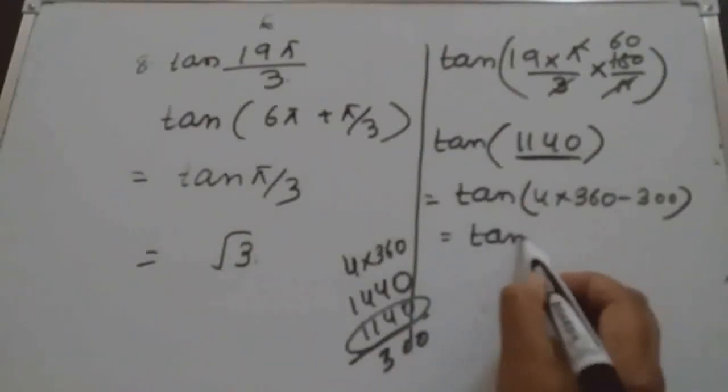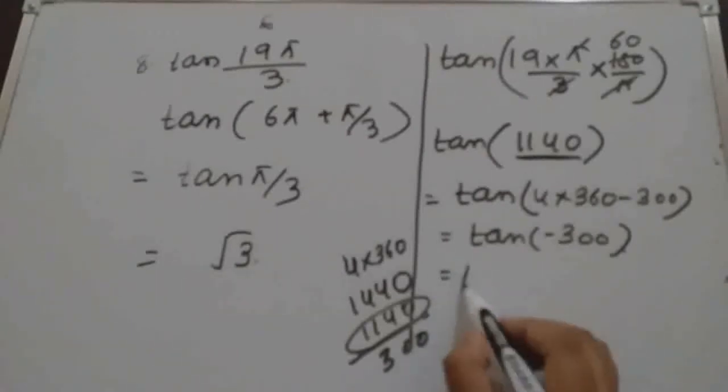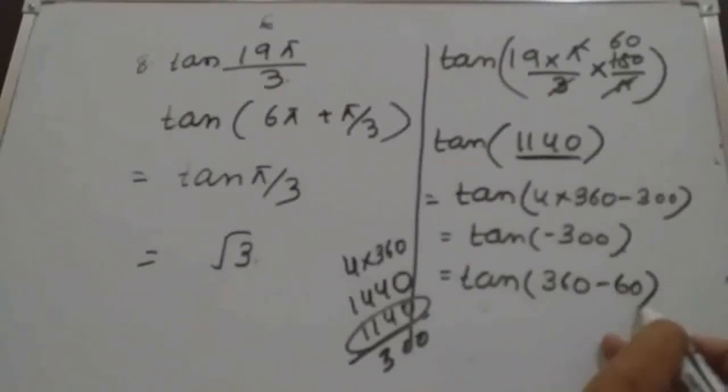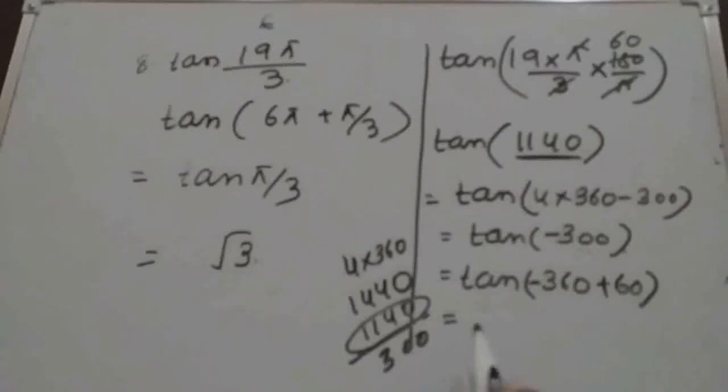Then we can write 360 minus 60, is what? 300, isn't it? So minus 360 plus 60, because minus we should get. So that will give tan 60. Tan 60 is again root 3. So both ways you can do.